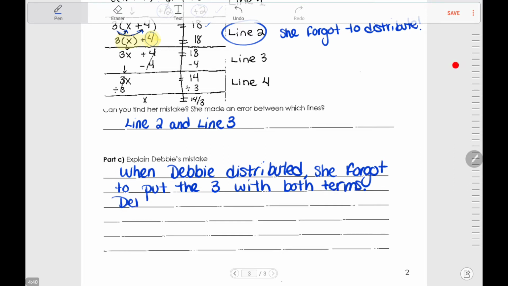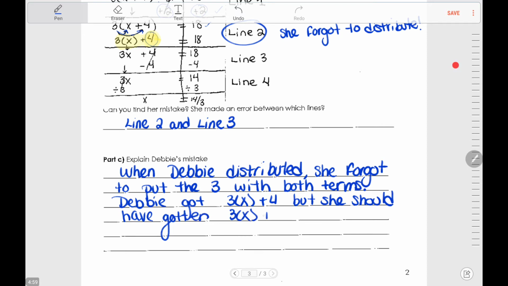So Debbie got 3x plus 4, but she should have gotten 3 times x plus 3 times 4. Remember, distribution needs to go with both things.